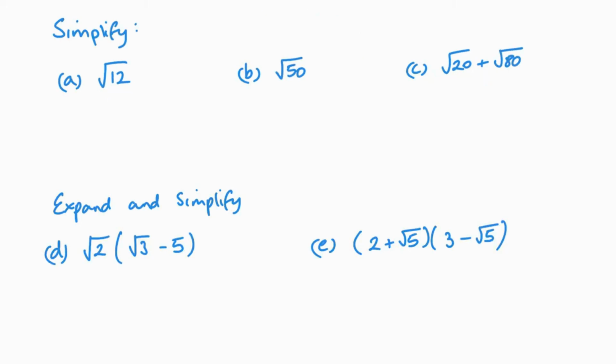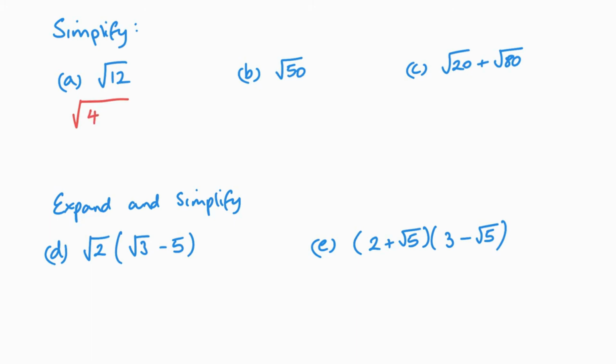So when I approach a surd like this first one here, square root of 12, what I want to do is I want to think about what square numbers I can use to make 12. So I'm looking at the factors of 12, and I need one of them to be square. Ideally the largest square number, but it needs to be a square number.